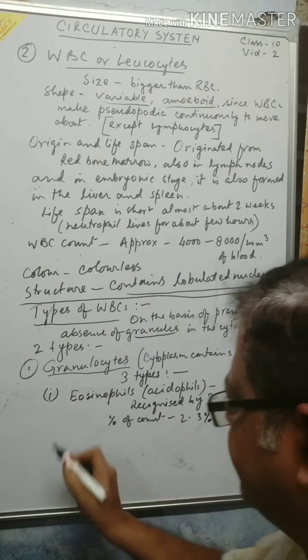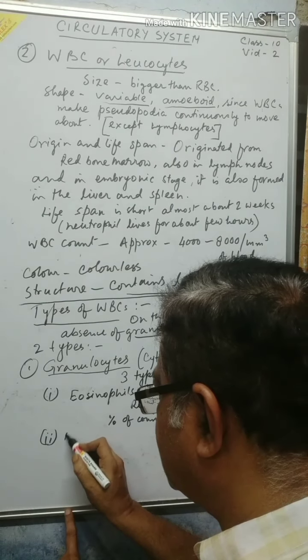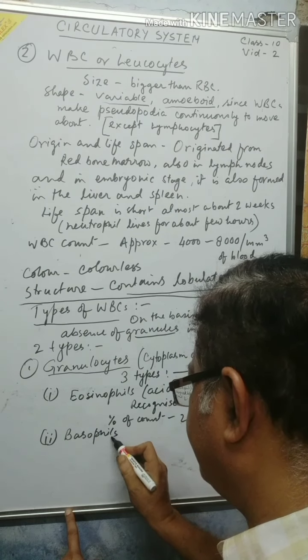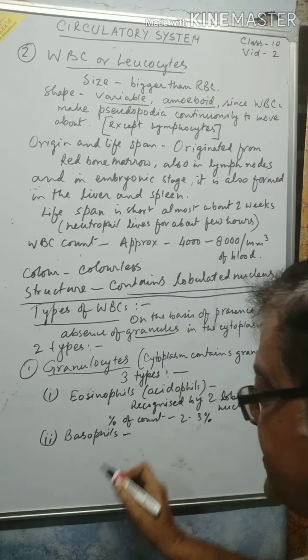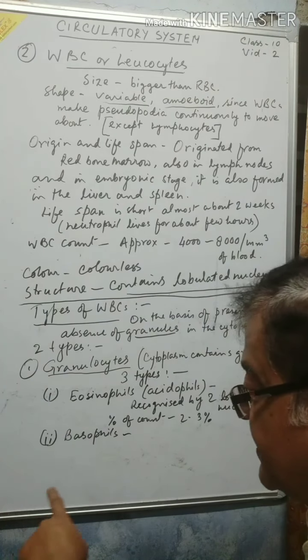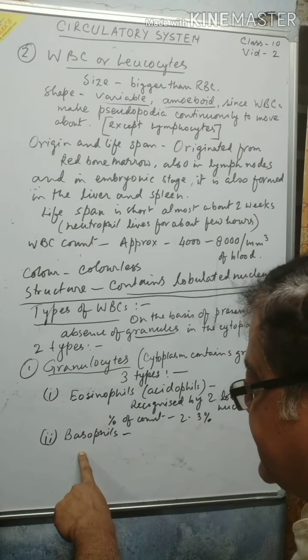Number 2, basophils. Base means opposite to acid. They are colored with basic dyes, hence the name basophil.